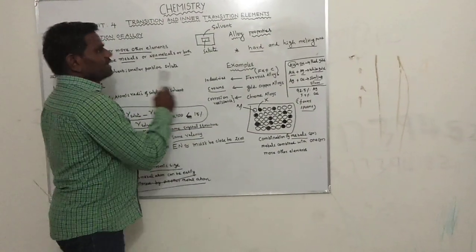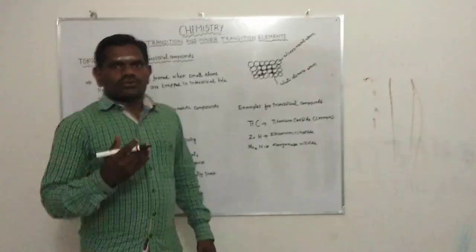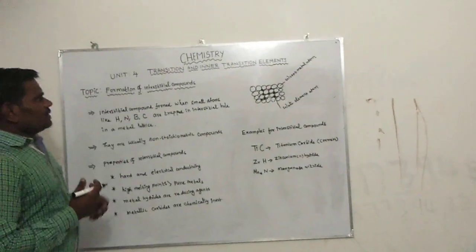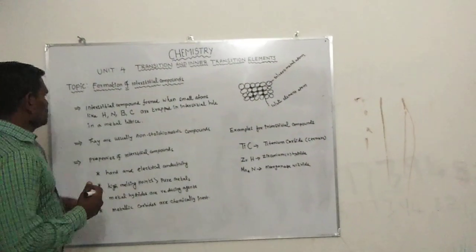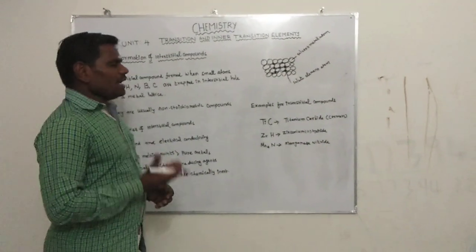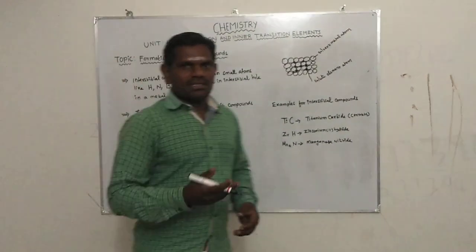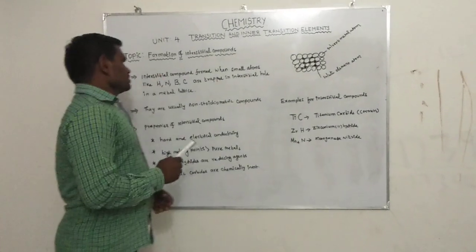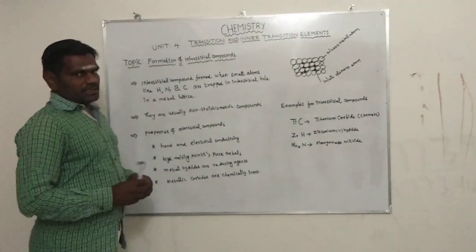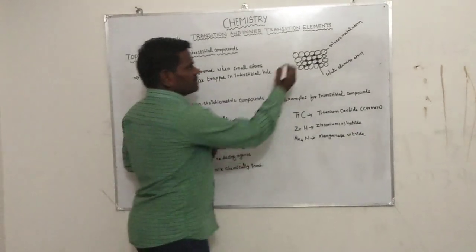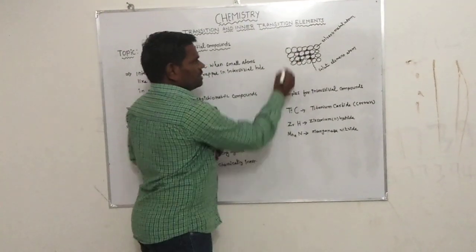Okay. The next topic, students, is formation of interstitial compounds. Interstitial compounds are formed when small atoms like hydrogen, nitrogen, boron, or carbon are trapped in the crystal lattice. The crystal lattice means in between the positions.